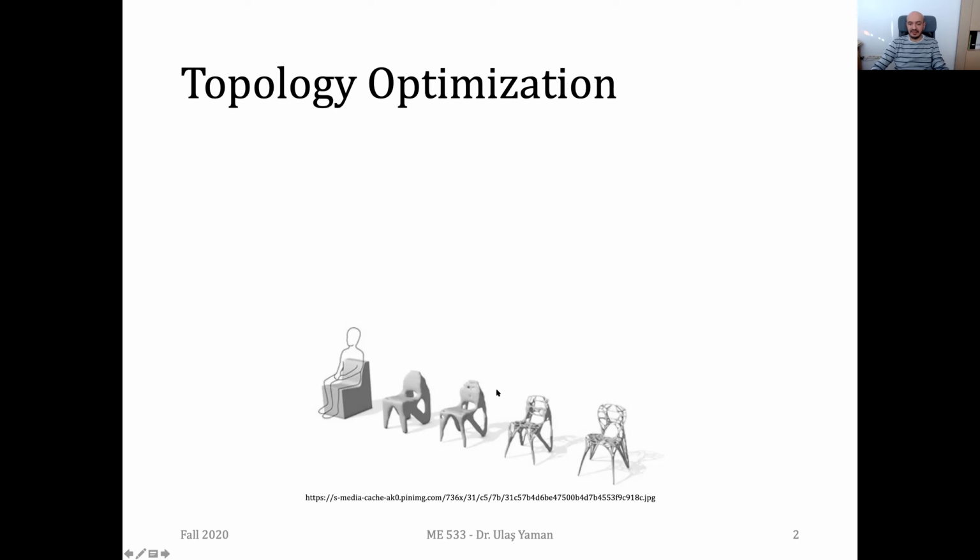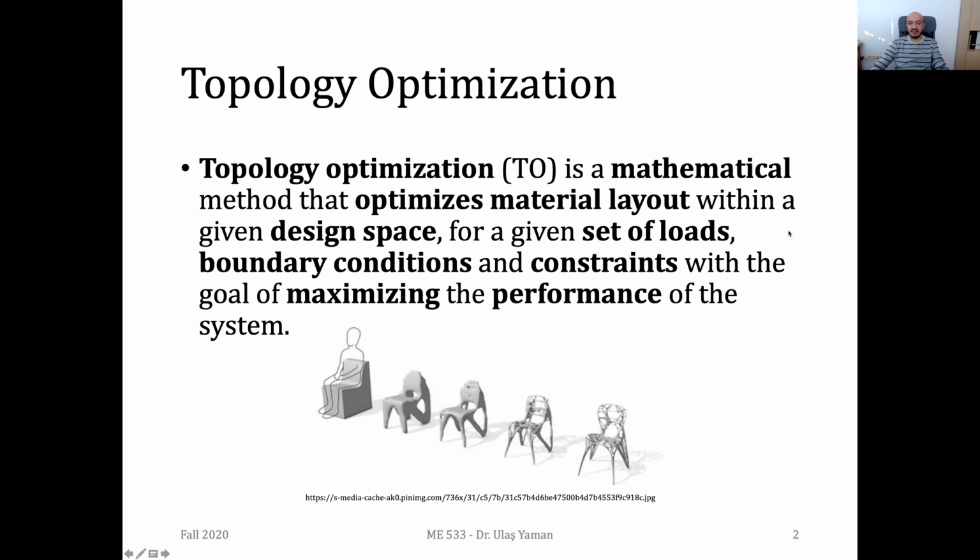So the function of the design is the same, but we are using less material. This is actually the motto of topology optimization. You need to update your design so that with less material, your design can do the same task.